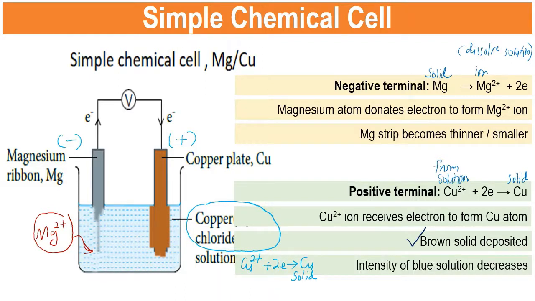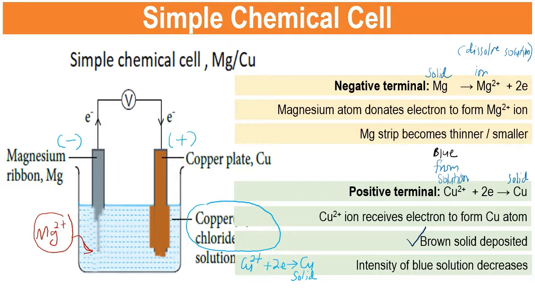If the question asks you about the color of the solution, we know that copper ion is blue in color. If there is presence of copper 2 ion in the solution, the color is blue. As the copper ion receives electrons, the quantity of copper ion in the solution decreases.